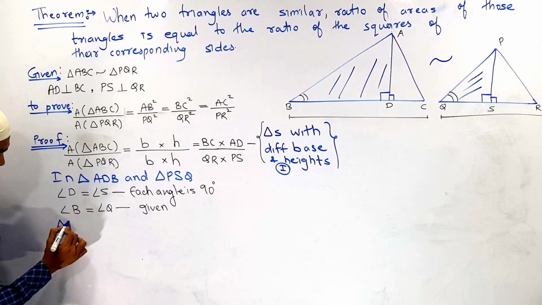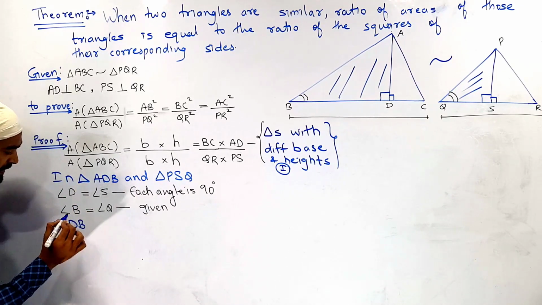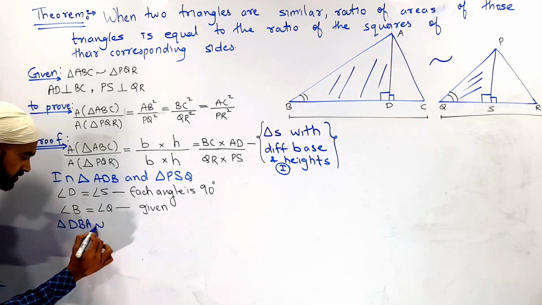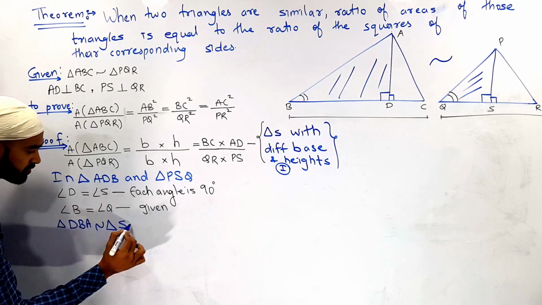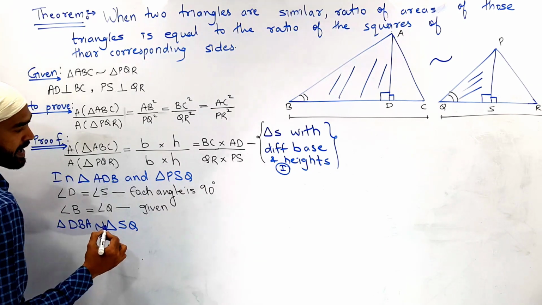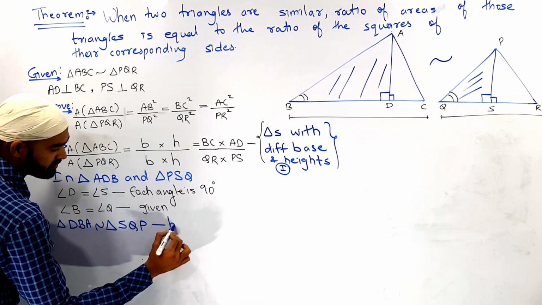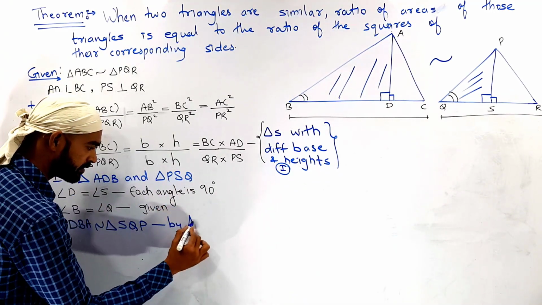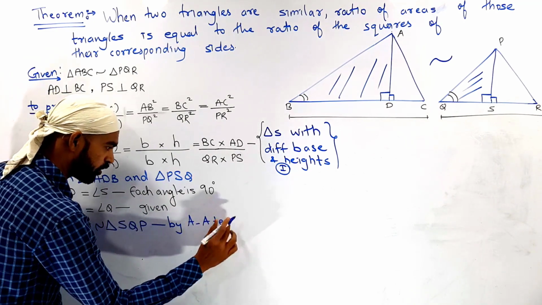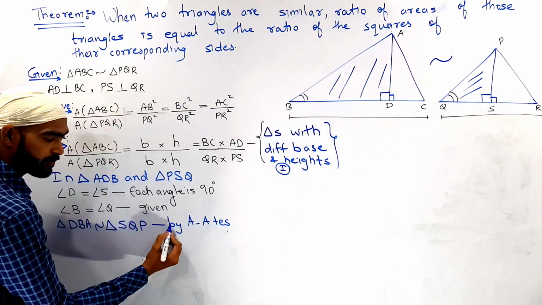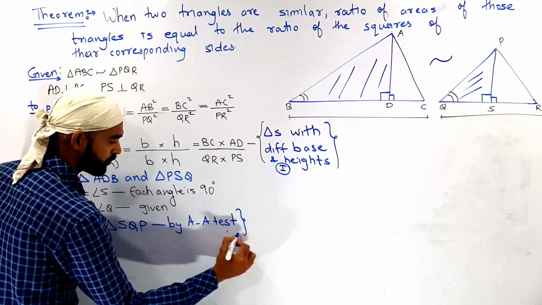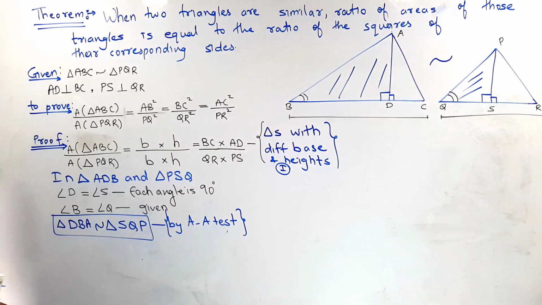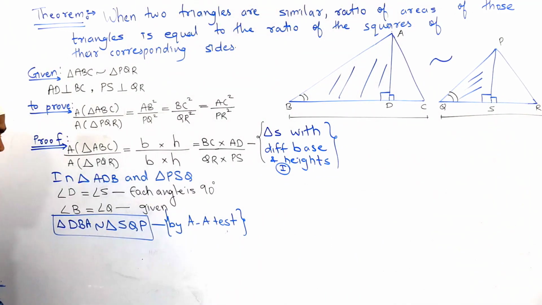My first triangle is triangle DBA, similar to, again start with S, Q, and what is left, P: triangle SQP. And the reason is by which test? This one angle, this also angle. So by the angle test of similarity, I can say both the triangles are similar.